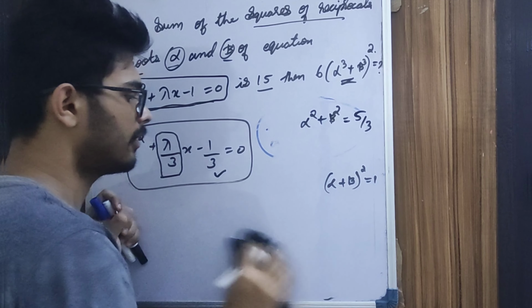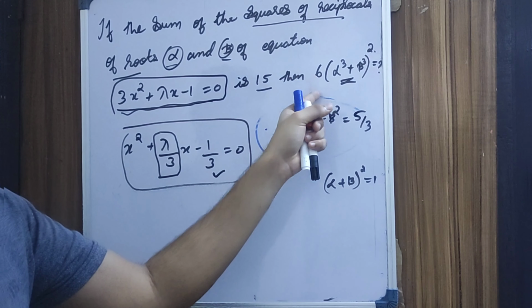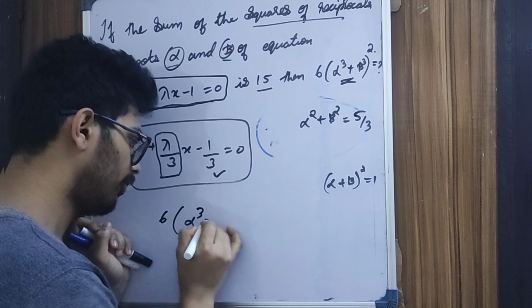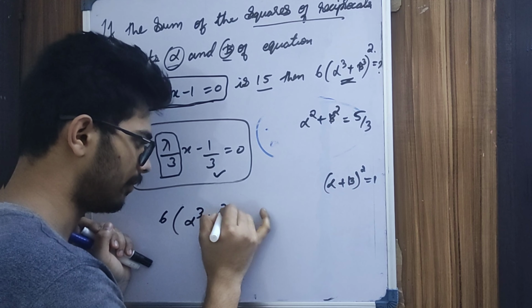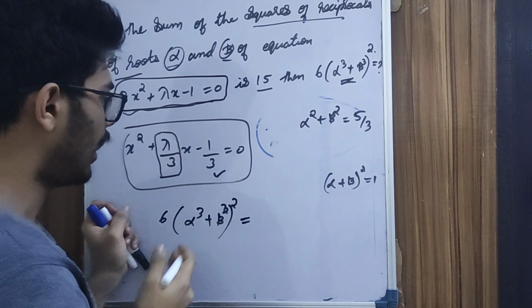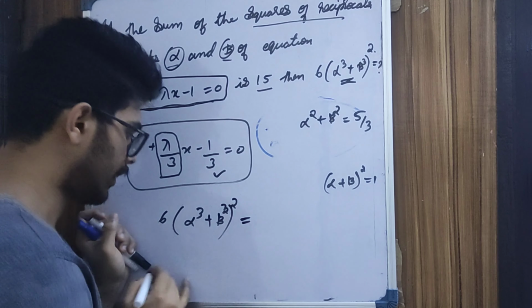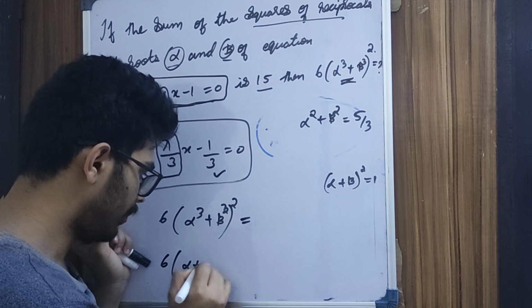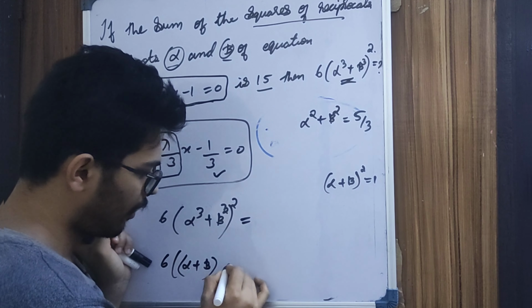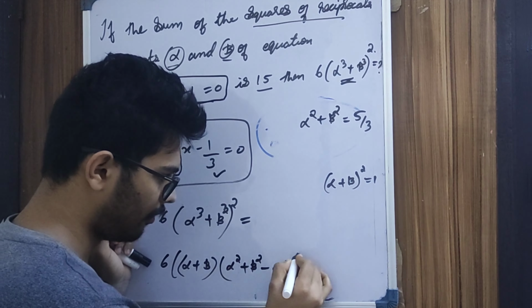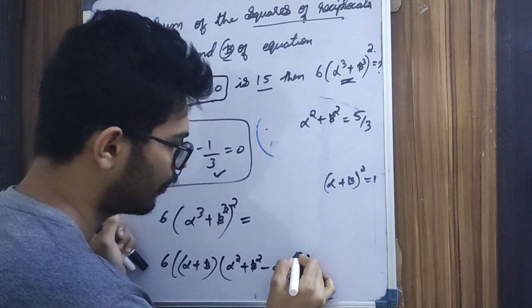Now we can look into our main part of the question, which is equal to 6 into alpha cube plus beta cube, the whole square. Now I am using this identity a cube plus b cube. Then what will be the result? It will be equal to 6 into alpha plus beta into alpha square plus beta square minus alpha beta the whole square.